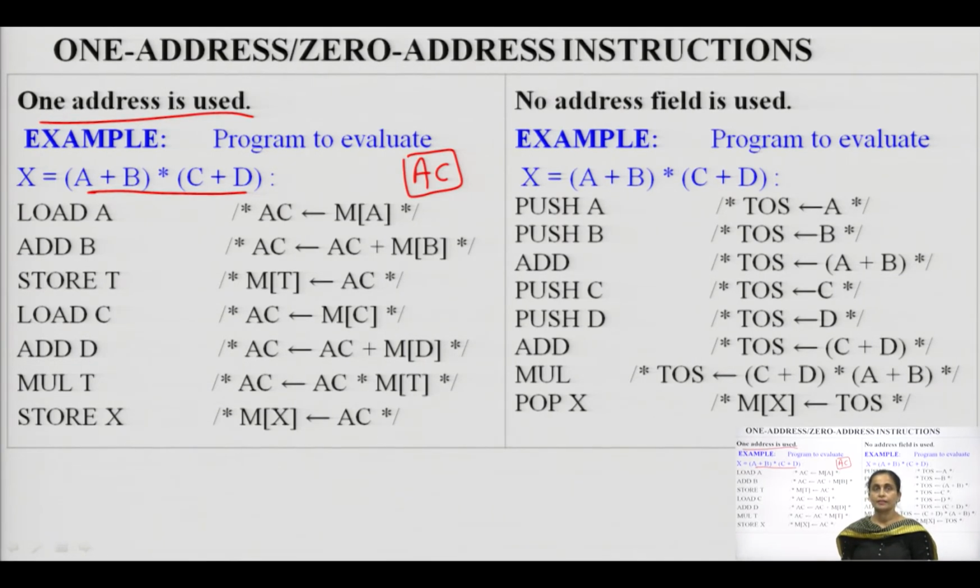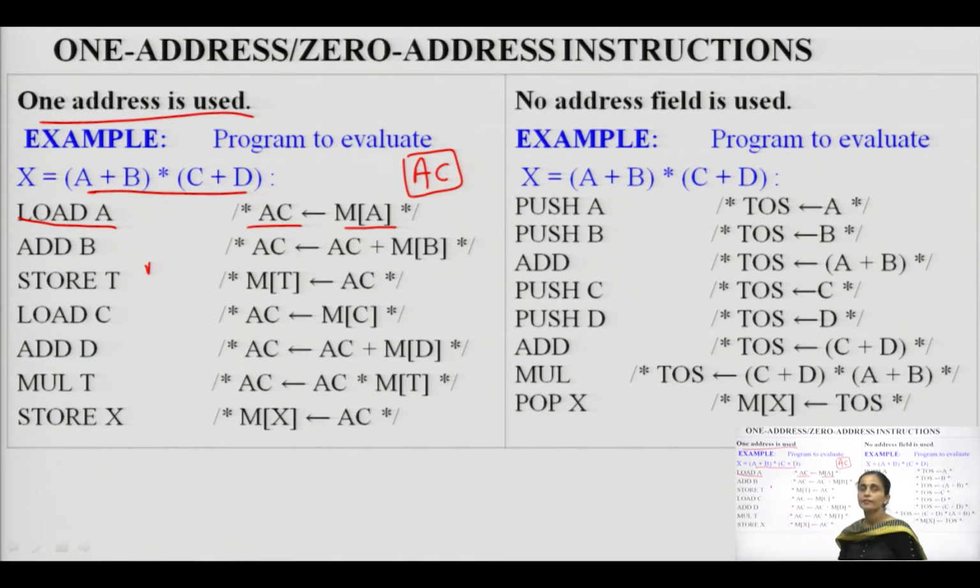So, always using one address instruction, my first instruction will be load. So, the first step for doing A plus B that I will write is load A. What will it do? It will transfer the content of A into accumulator.